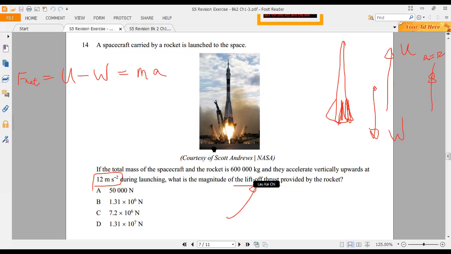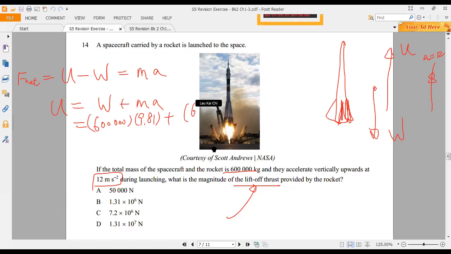We look for U. So U should be equal to W plus MA, so that this one is 600,000 times 9.81 plus, again, MA, A is 12.